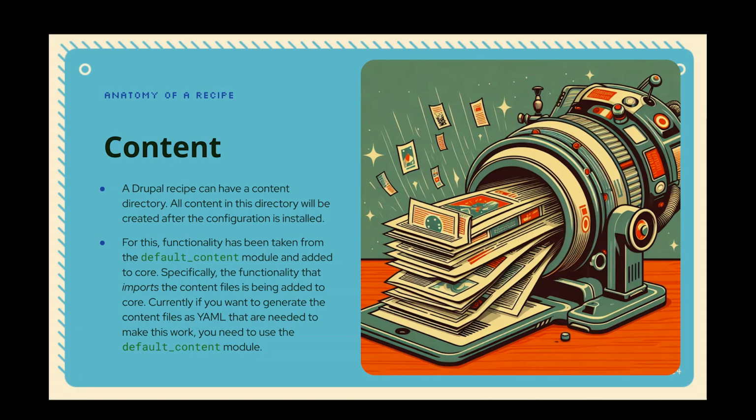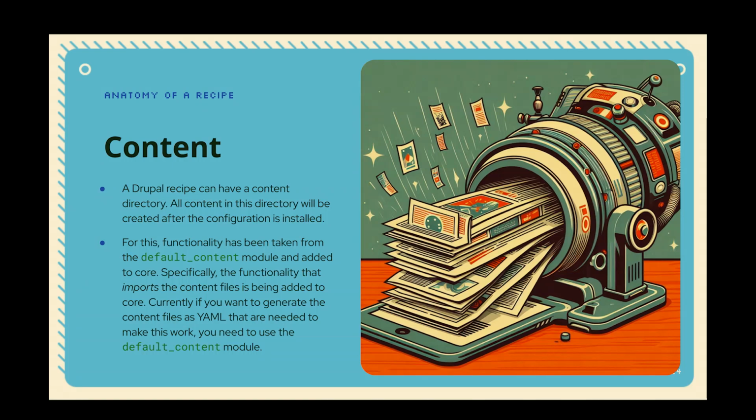We did mention already that recipes can contain content. It effectively took the functionality for that out of the default content module that's been in the contrib space for some time, so the actual import of default content is now in core. If you want to export content, you could theoretically handcraft that, but probably most of us would rather install the default content module and use it.